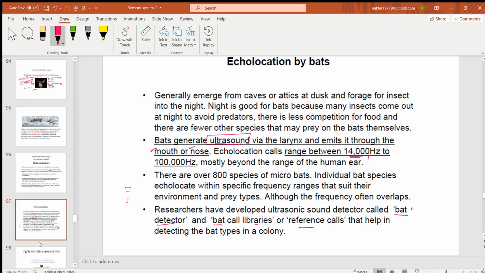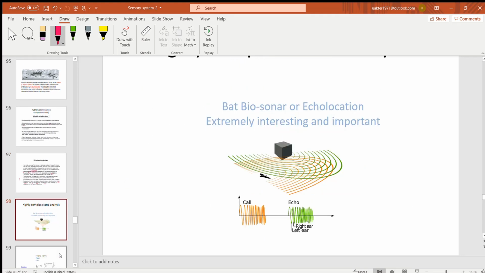And we have a library with the list of all the different frequencies produced by different types or species of bats. So that helps us to detect the bats in that area.